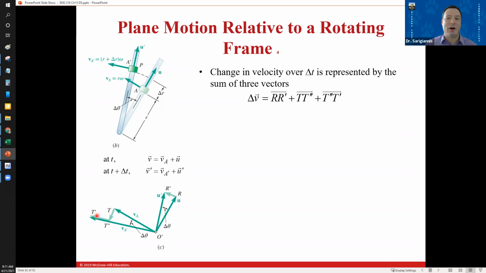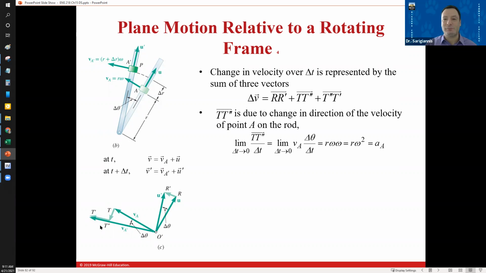So that gives us our overall change in VA, VA to VA prime. That's the difference between these 2 vectors. So we can take VA and VA prime and break it down, with respect to that frame of reference, into a vertical and a horizontal vector. And notice this T double prime, the change in direction of the velocity at point A on the rod.